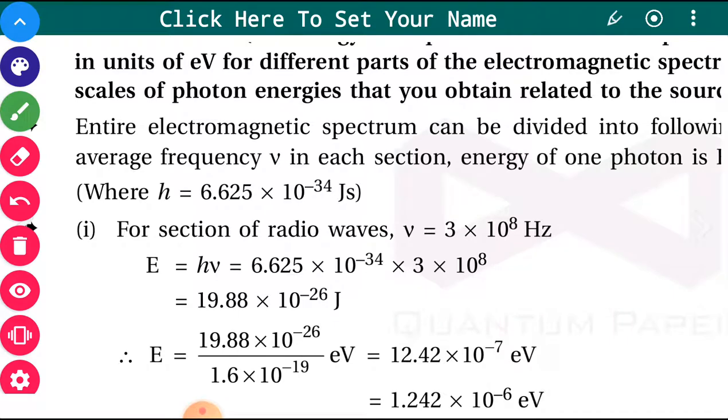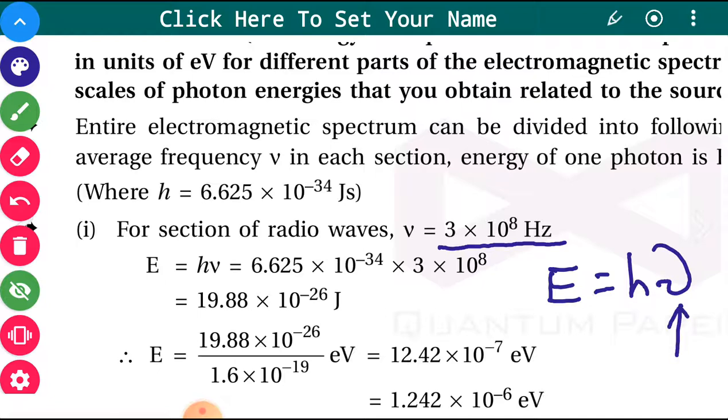Nu is different for different types of waves in the electromagnetic spectrum. Radio wave has its value of nu to be 3 × 10 raised to 8 hertz. Now see, energy is equal to h into nu. Just nu is changing, h we have to keep as it is because its value is fixed, Planck constant.